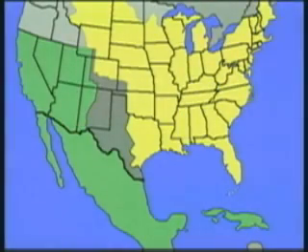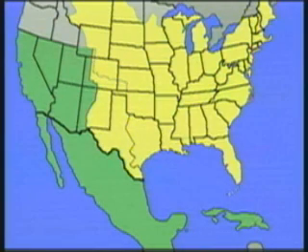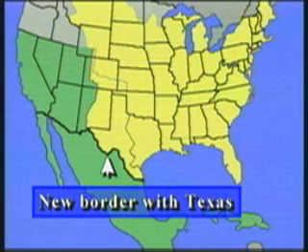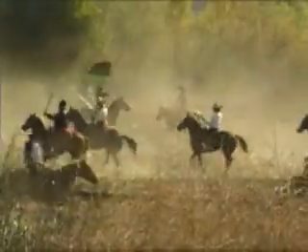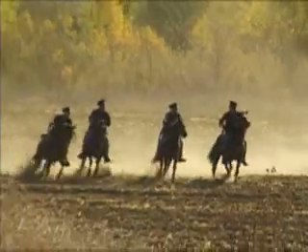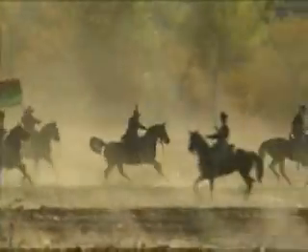It was on February 2nd, 1848, that the Treaty of Guadalupe Hidalgo was signed, formally ending the Mexican War. In it, Mexico agreed to accept the Rio Grande as its new border with Texas and to sell its northern territory for only half of what the U.S. had offered for it before the war began. In all, about 25,000 Mexican and 12,700 American soldiers died as a result of the Mexican War.